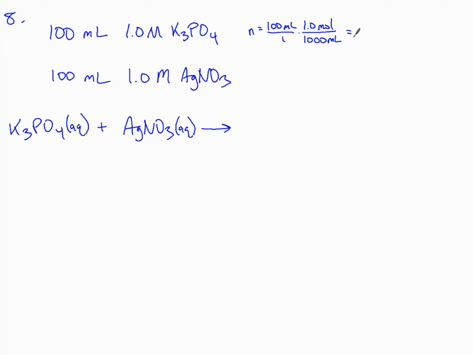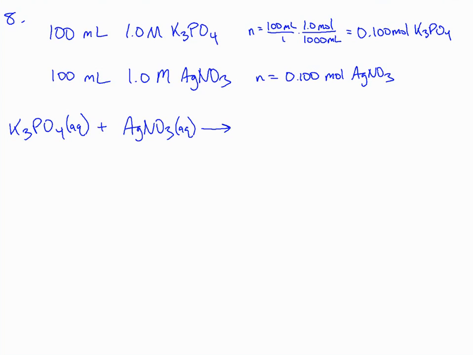And so we have 0.100 moles of K3PO4. The silver nitrate has the same volume and the same concentration, so we could say that this one has the same number of moles, and that's silver nitrate.